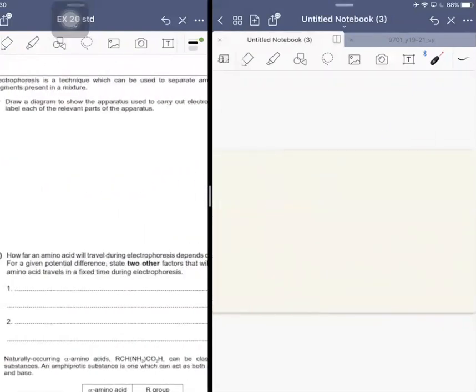Moving on. I hope you can keep up. Electrophoresis is a setup that you would use to separate amino acids. Please refer to topic 20. How far an amino acid will travel along the electrophoresis depends on two factors. One is the size or the Mr. The larger it is, the slower it will travel.